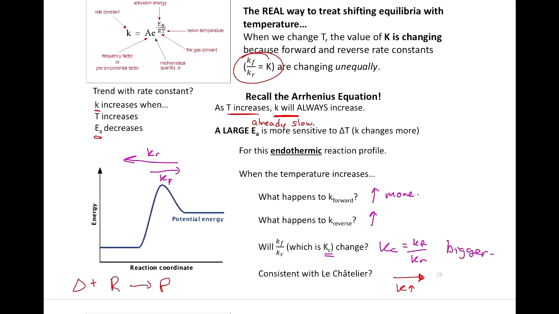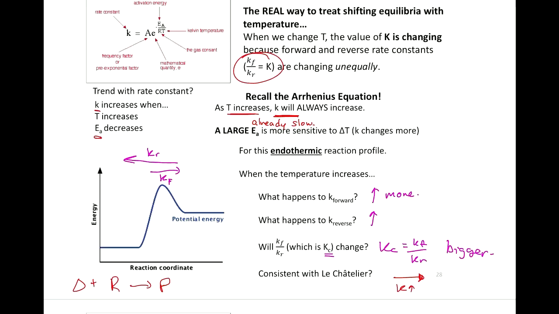If Kc gets bigger, how does the ratio of products to reactants change? What should you have more of at equilibrium if K is bigger? You should have more products, right? If K is a big number, it's products over reactants. So if Kc is a big number, you're going to generate more products. Is that consistent with Le Chatelier's principle? You heat it up, it moves to the product side. Yes, they are absolutely consistent.